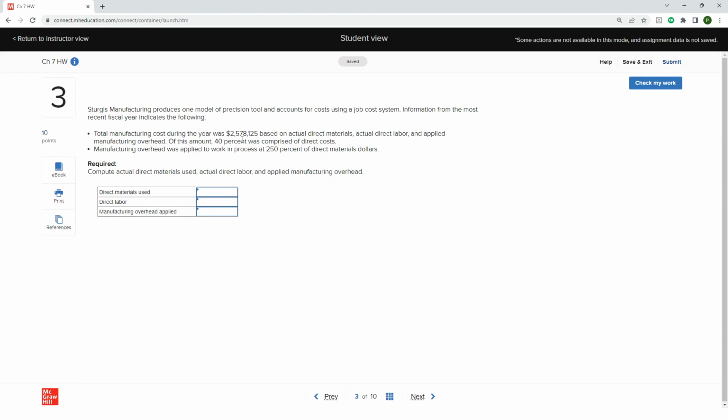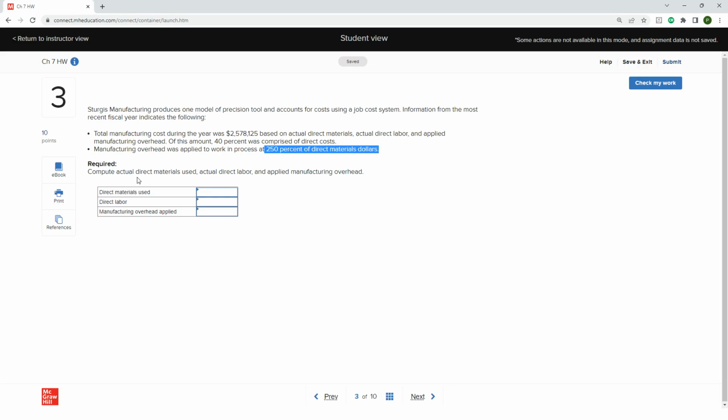And it tells us that 40% was comprised of direct costs. It also says that manufacturing overhead was applied to work in process at 250% of direct materials dollars. And it wants us to calculate the actual direct materials, the actual direct labor, and the applied manufacturing overhead.